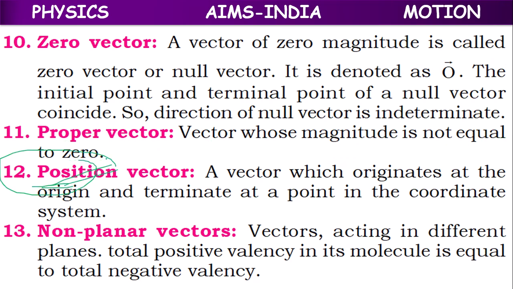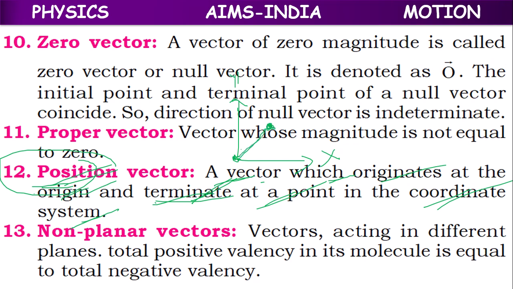Next one, position vector. It means a vector which originates at the origin and terminates at some other point in the coordinate system, not at the origin. In the coordinate system in the xy axis, it originates at the origin, and the other point will be somewhere in the coordinate system.